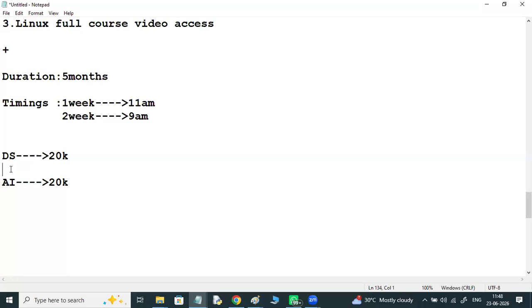As of now, both courses, total data science and AI, are combinedly given for 20K only. It's not 40, it's 20K. It's an offer batch where you will get all these concepts: Python, statistics, machine learning, deep learning, NLP, generative AI, agentic AI. You should have seen that there are nearly 40 modules we'll be discussing in brief. 5 to 5.5 months it takes, right? Yes. So this is for this batch only.